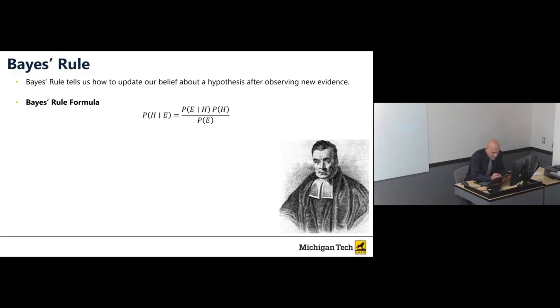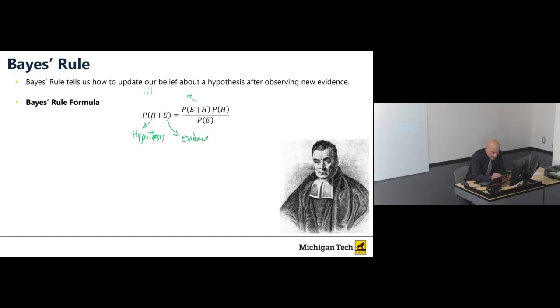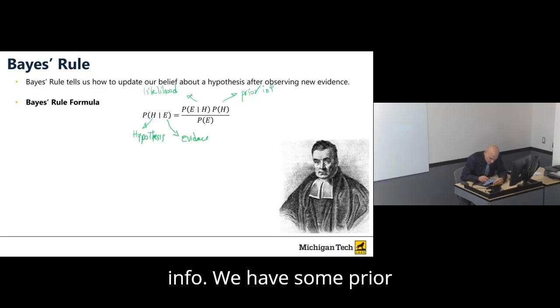So the probability of hypothesis H given evidence E is equal to the likelihood of that evidence multiplied by the prior.